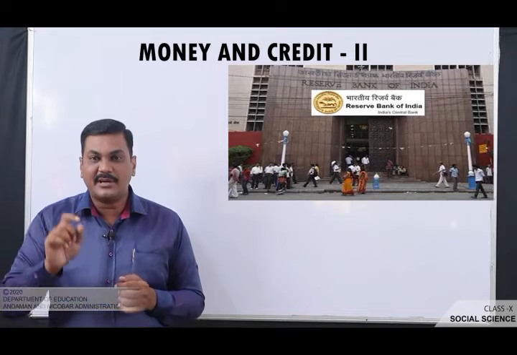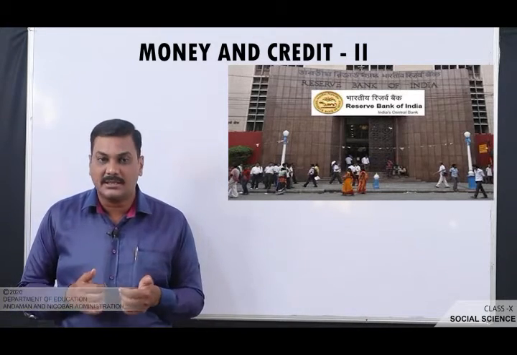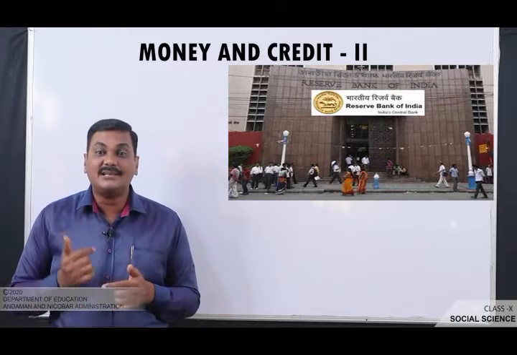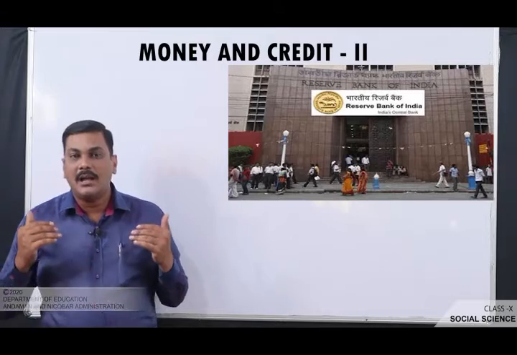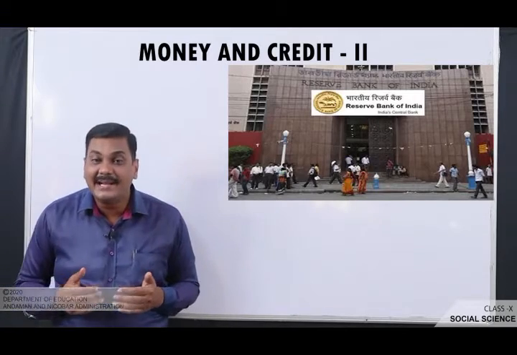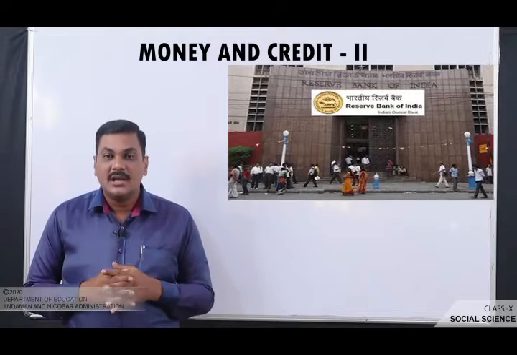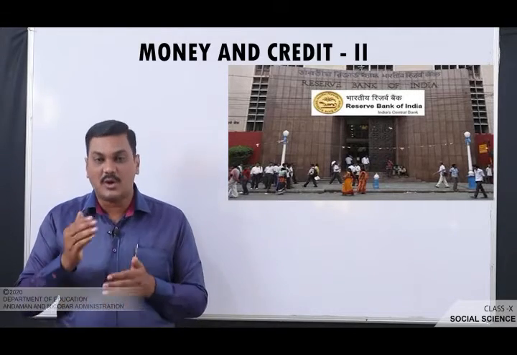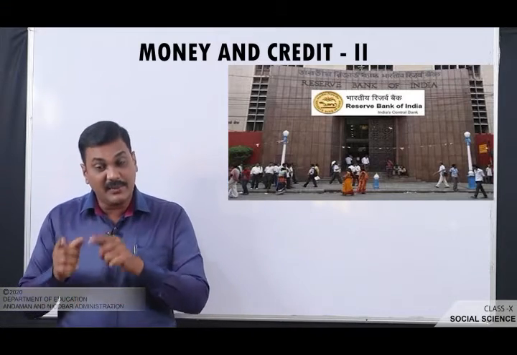The second important function of the Reserve Bank is to act as a banker, agent and advisor to the Government of India and states. It performs all the banking functions of the state and central government, and it tenders useful advice to the government on matters relating to economic and monetary policy.